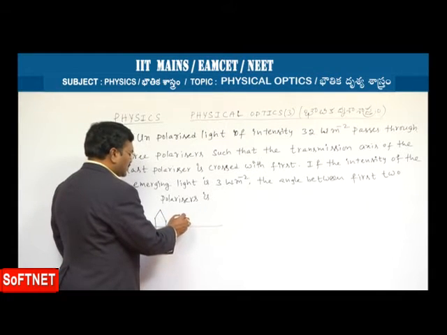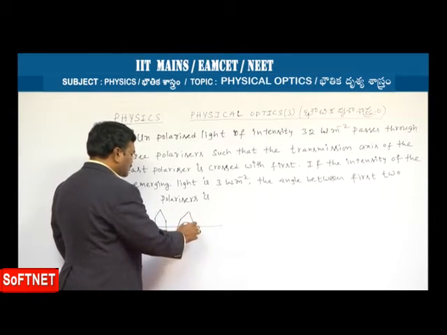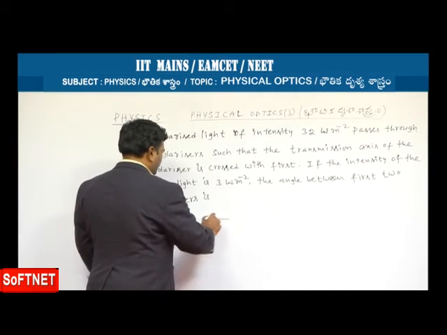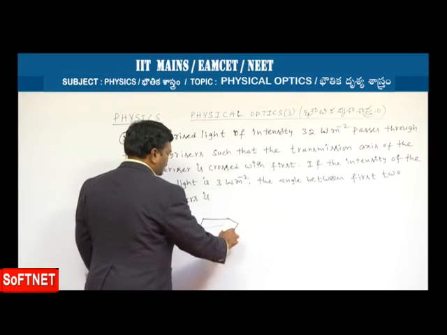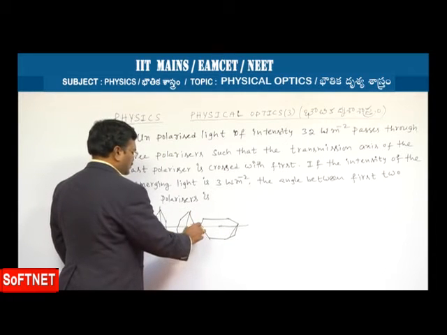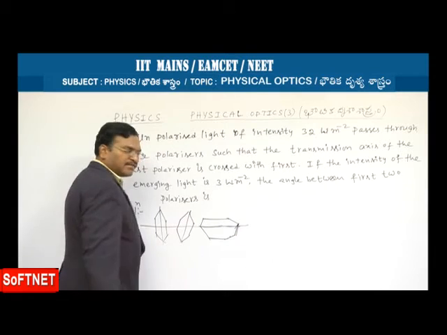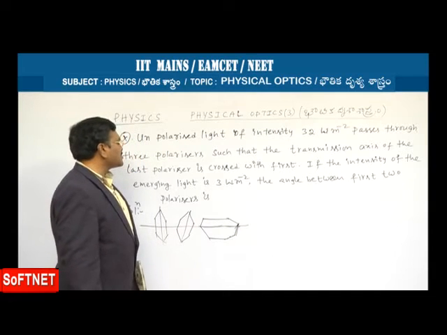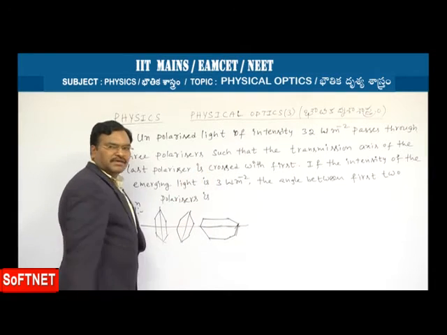Suppose this is the second one. The third one is like this, crossed with the first. Here the last polarizer is crossed with the first.